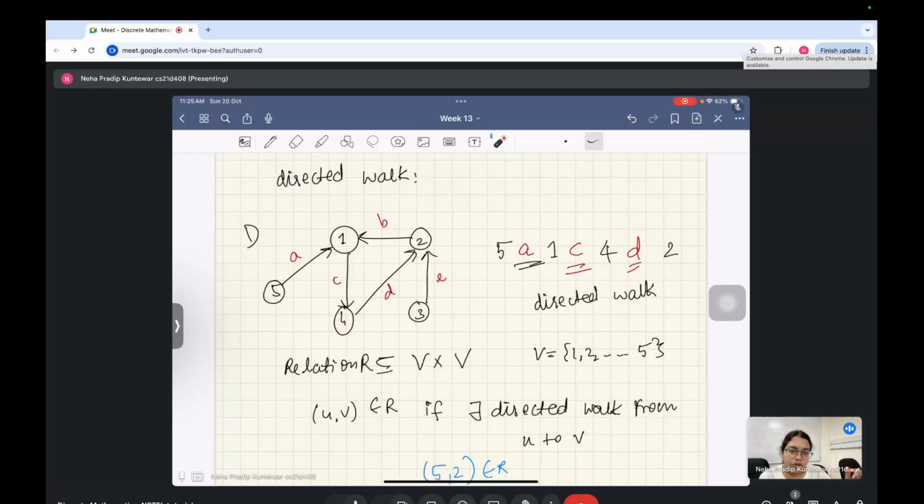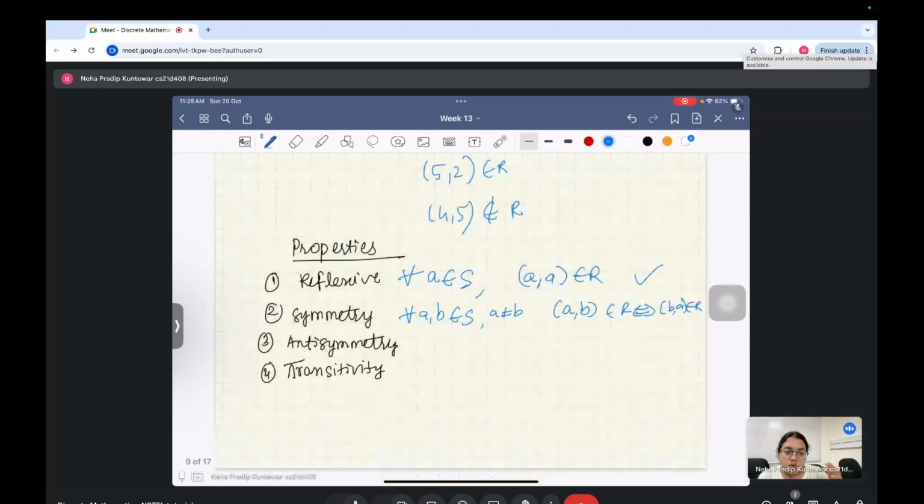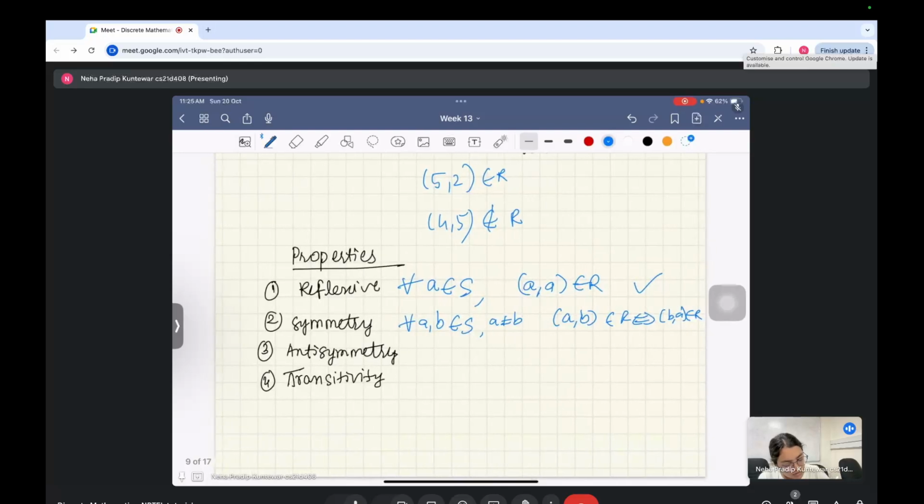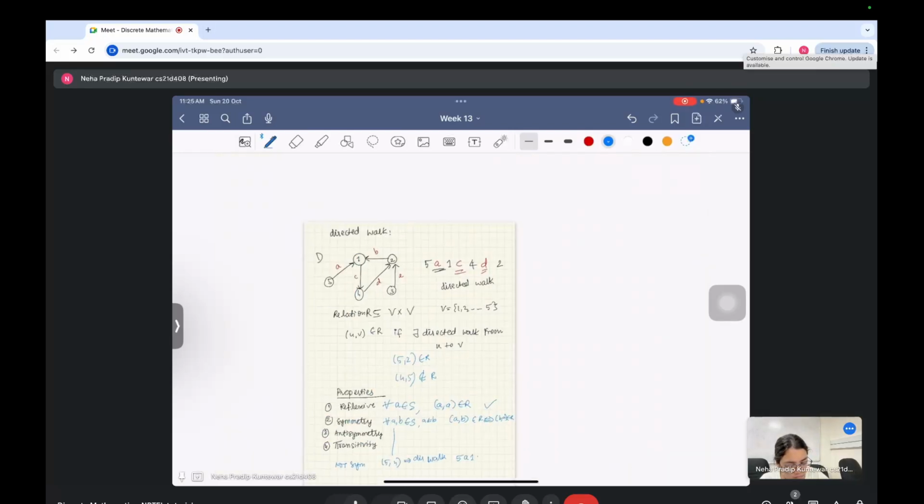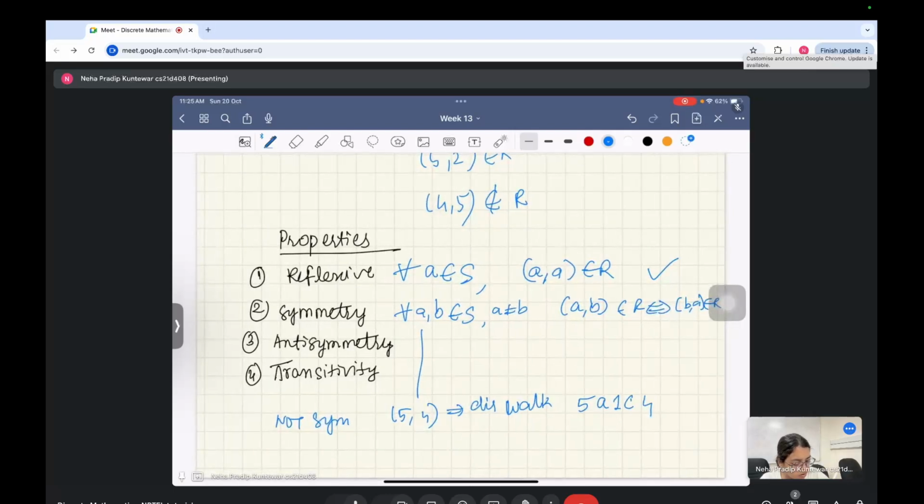So there is a directed walk from 5 to 4, but there is no directed walk from 4 to 5. This vertex is not reachable. Therefore this is not symmetric.